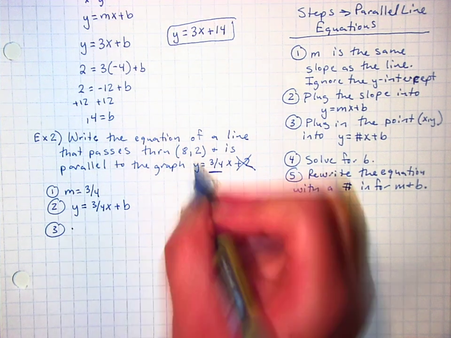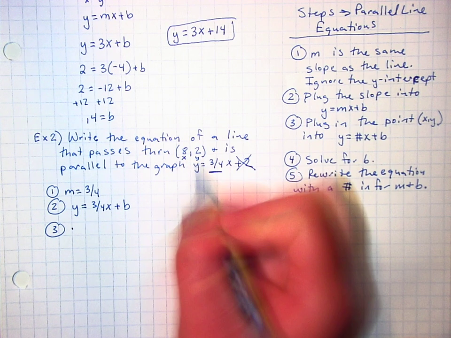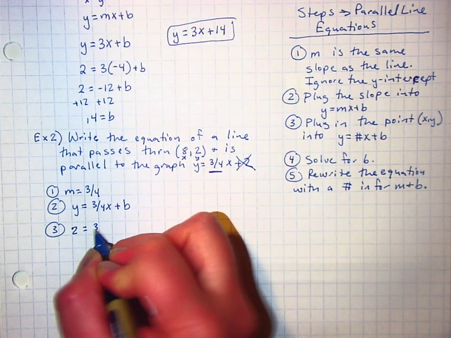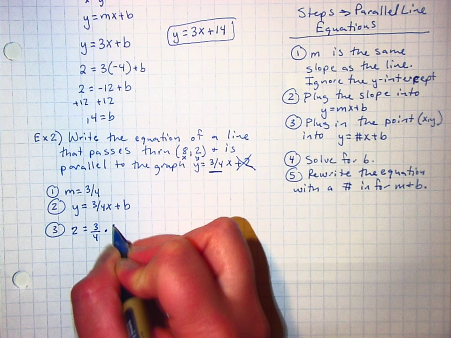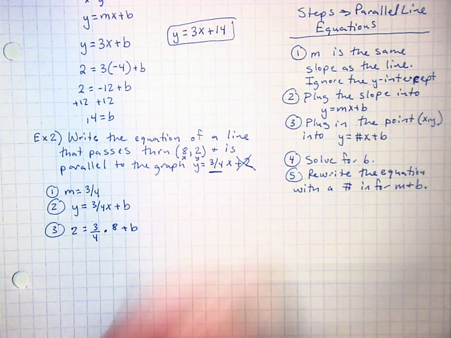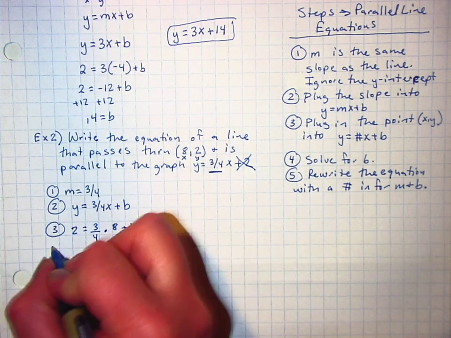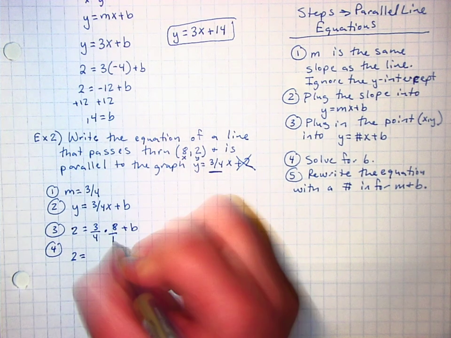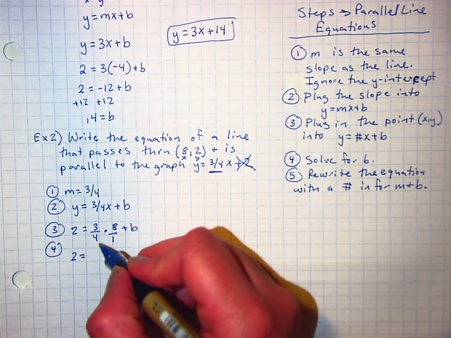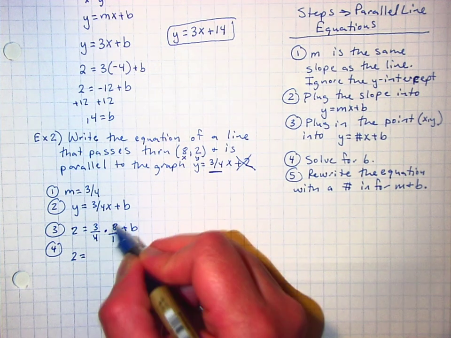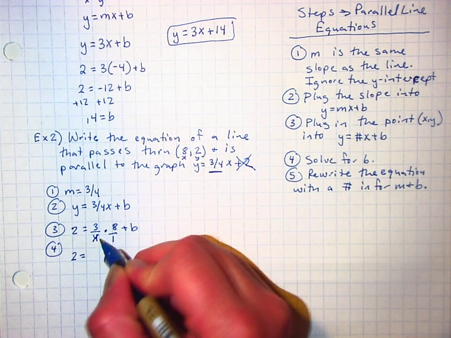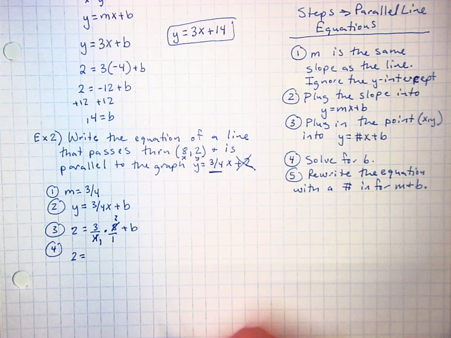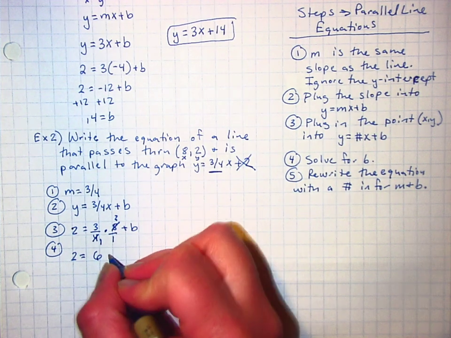So let's see, this is my x, this is my y, so 2 equals 3/4 times 8 plus b. And then for my 4th step, I'm going to solve it. So 2 equals, if I multiply these fractions, I can reduce them. So I'll divide by 4 on the bottom here and by 4 on the top there. Makes 6 plus b.